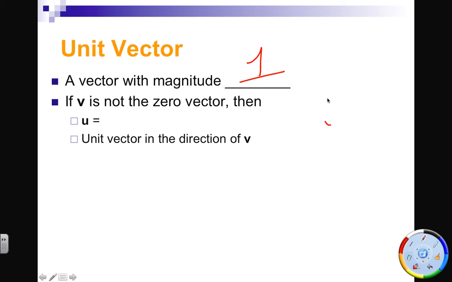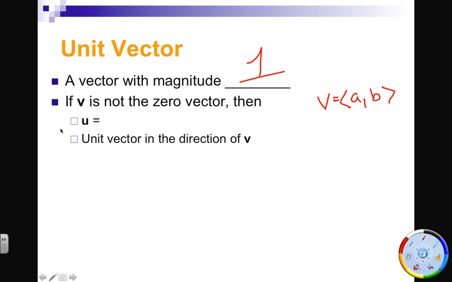So if I let v be the vector a, b, just two different numbers here, it doesn't matter what they are, I could find the magnitude of this vector, and what I want to do is take the magnitude of this vector and make it equal to 1. So what I want to do is divide by that magnitude.